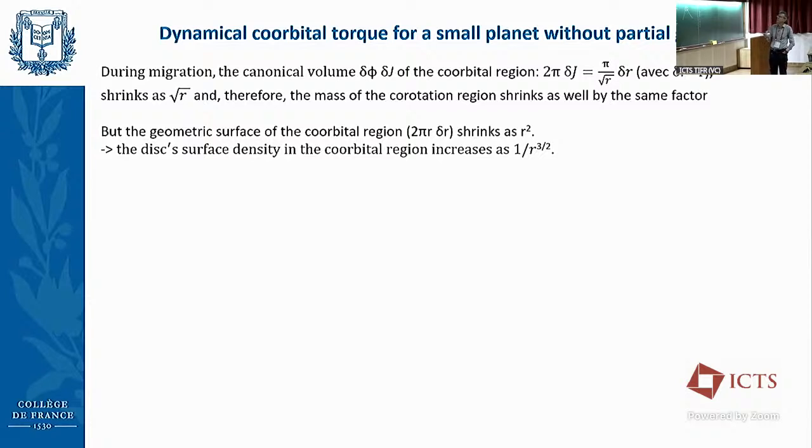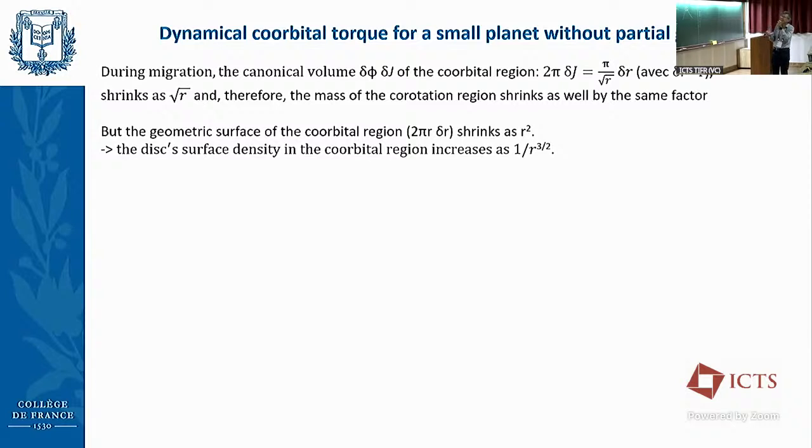But as the planet moves in, the width of the co-rotation region shrinks with r. There is a relationship between the width in angular momentum and the width in r, which is 1 over r times delta r.